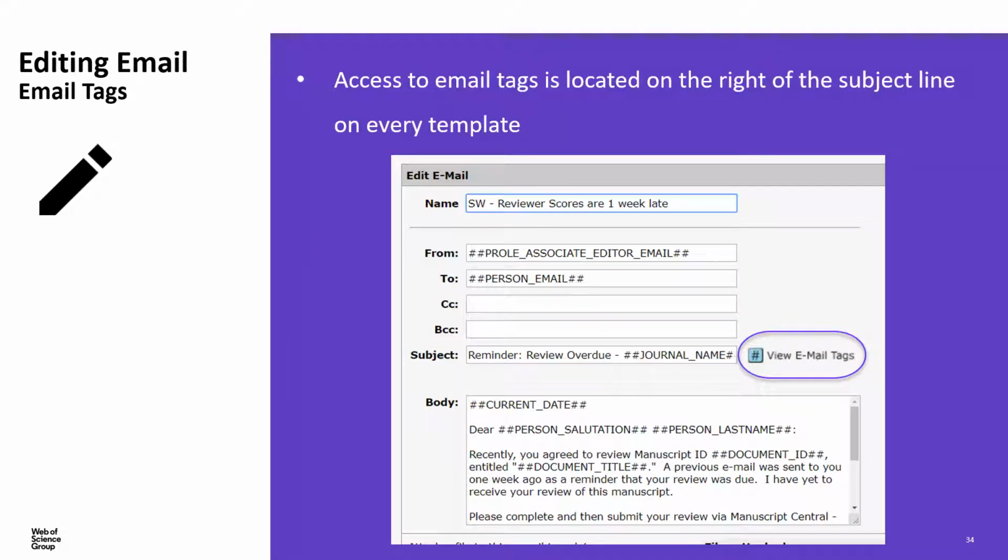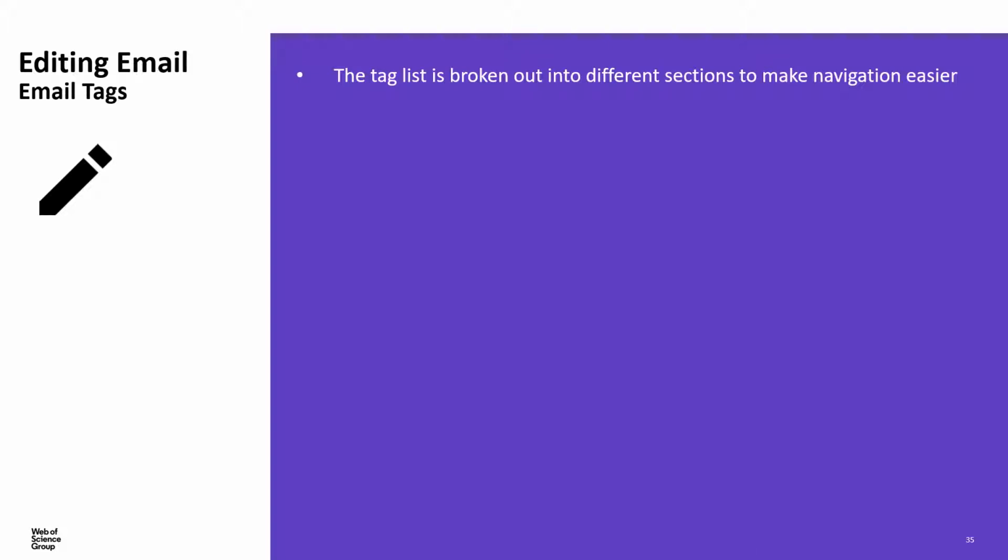Editing email: we're going to talk about accessing the email tags. Access to email tags is located to the right of the subject line on every template. The tag list is broken out into different sections to make navigation easier. Use Ctrl F to find the tag you're looking for.